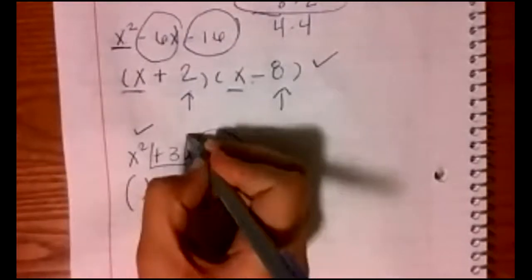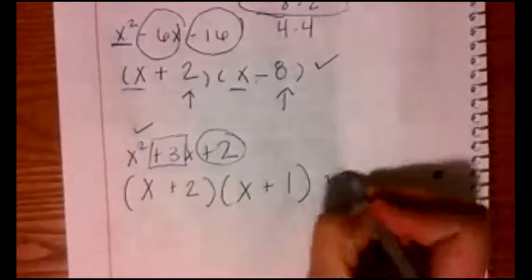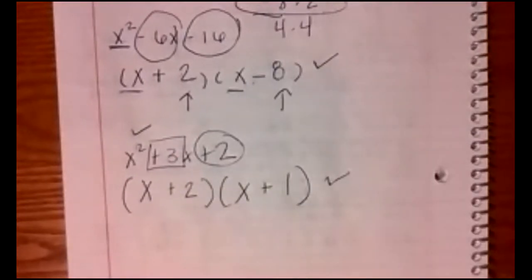The only thing that multiplies to 2 is 2 and 1. I need to multiply to a positive, which means these signs either both need to be positive or both need to be negative. And I'm supposed to add to a positive 3. So I want a positive 2 and a positive 1. So multiplies to 2, adds up to 3. Perfect. So that one's all done.